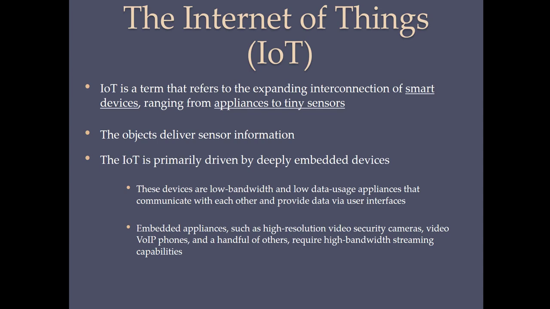So first of all, what is the definition of IoT or Internet of Things? If you look at all devices that are not managed by humans directly. For example, your smart devices are somehow managed by you, right?